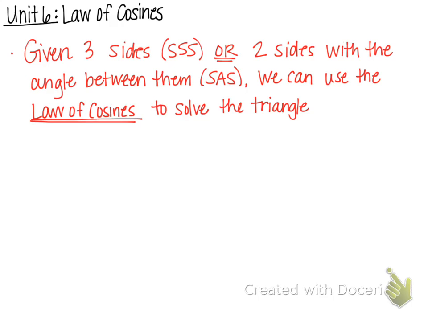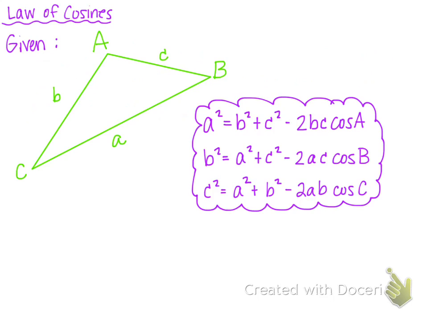And remember, we're dealing with oblique triangles, triangles that do not have right angles. So here's the law of cosines. Given this triangle, remember, big letters are our angles, and little letters are our sides. And remember, the sides across from the angles correspond. If you have that situation, it kind of looks like the Pythagorean theorem.